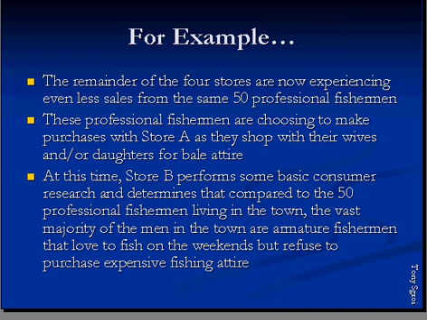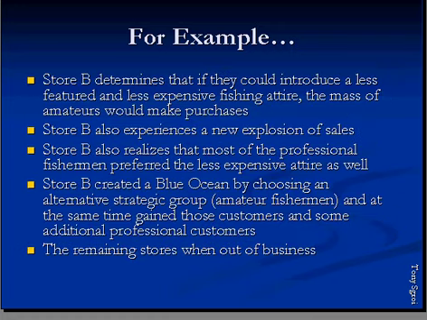At this time, Store B performs some basic consumer research and determines that, compared to the 50 professional fishermen living in the town, the vast majority of the men in the town are amateur fishermen that love to fish on the weekends but refuse to purchase expensive fishing attire. Store B determines that if they could introduce a less featured and less expensive fishing attire, the mass of amateurs would make purchases.